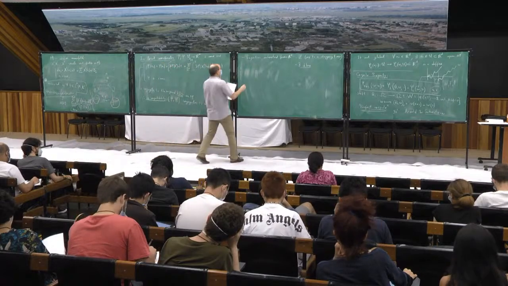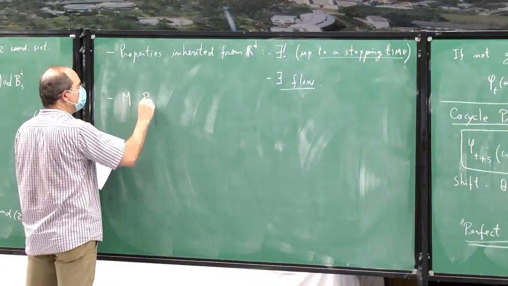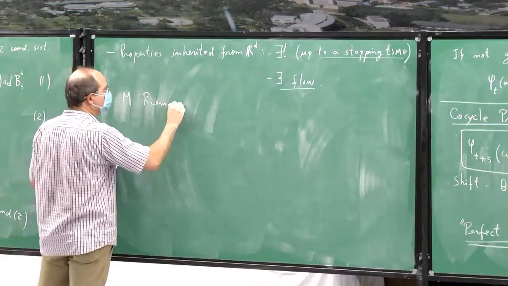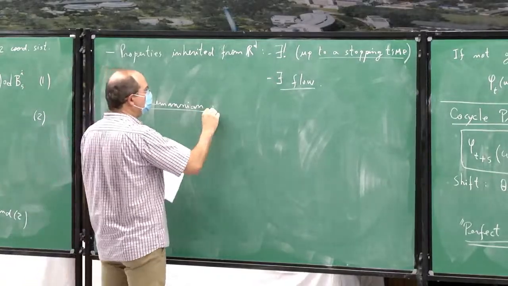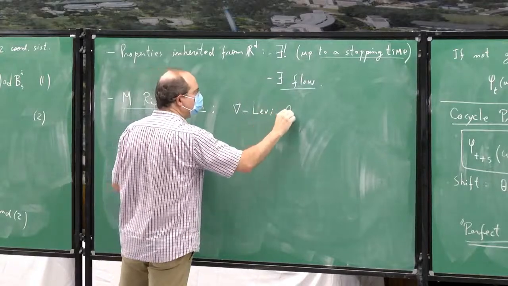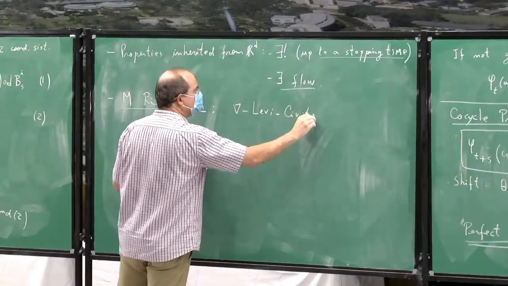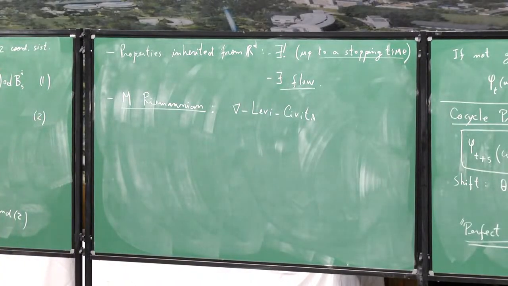And if M is Riemannian, then we do have a connection, the Levi-Civita connection, which is a way to take derivatives of vector fields, as I said.